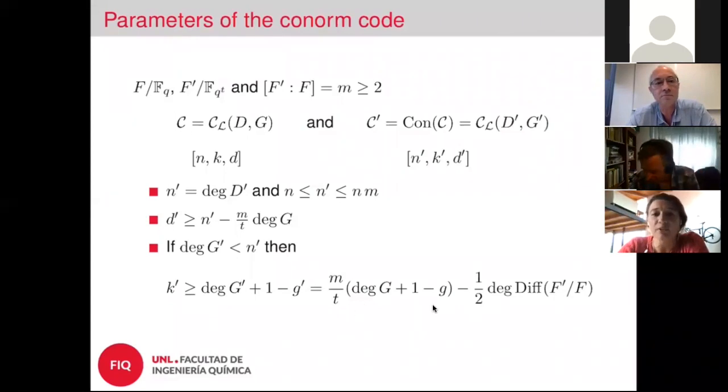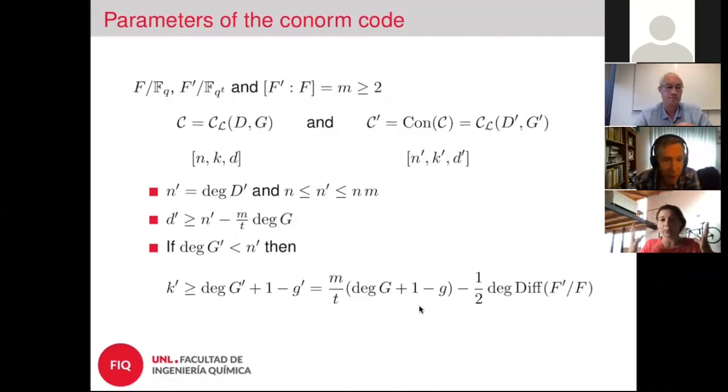So we see that if we want to get a bigger bound for k prime, it is natural to think, what happens if the degree of the different is really low, or if it is zero?